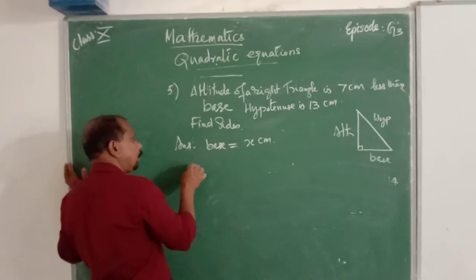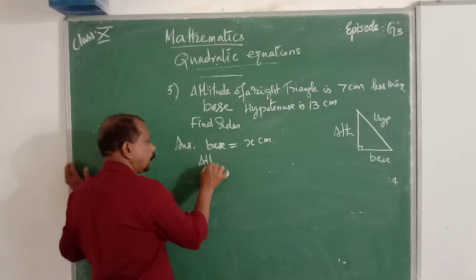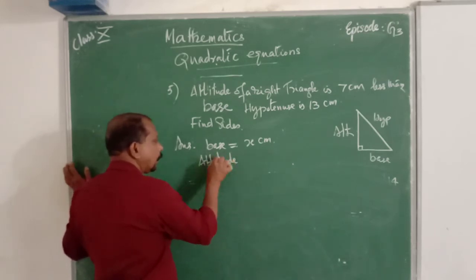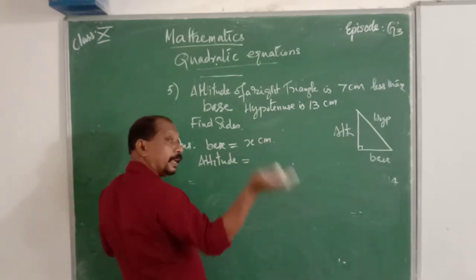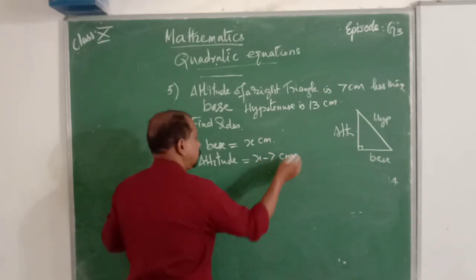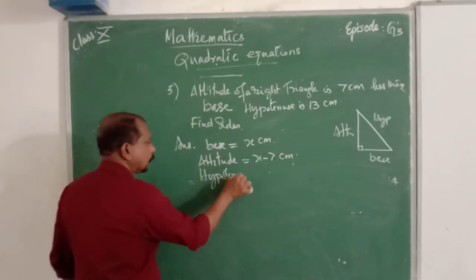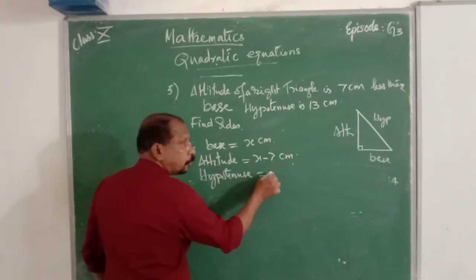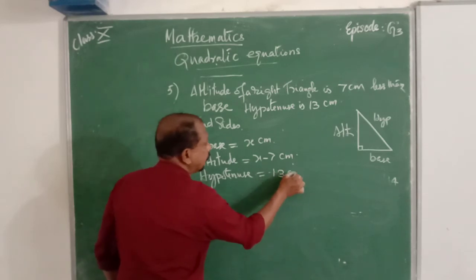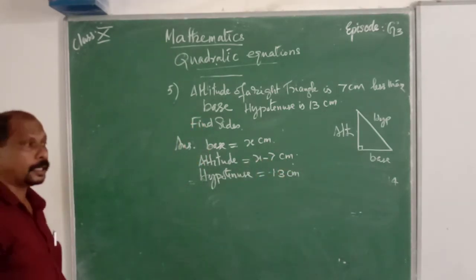Then altitude is equal to 7 less than that, that is x minus 7 centimeter. Hypotenuse is equal to the given 13 centimeter. Then what is the Pythagoras theorem?